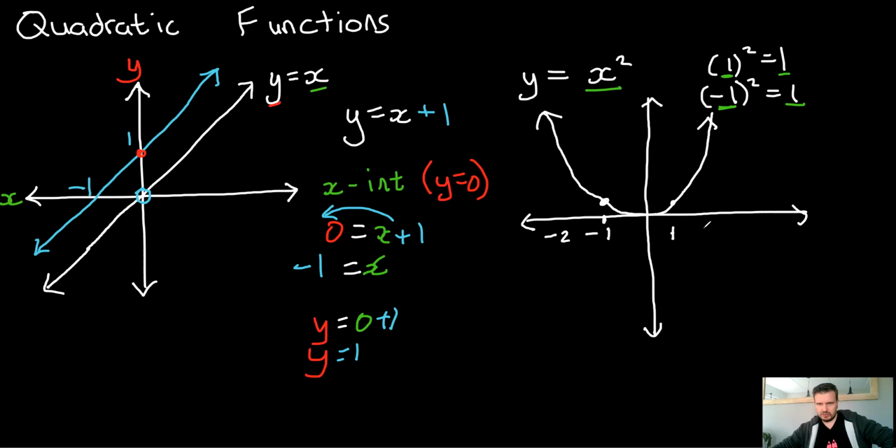If it was -2 and 2, the y is still going to be positive, so here would be 4 and 4. So this point would be 2 and 4, and this would be -2 and 4. Notice that at the moment we only have one intercept, and I'll get to why, because it sort of crosses over here.